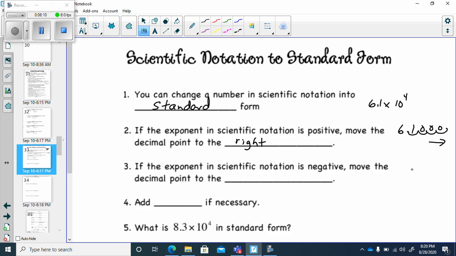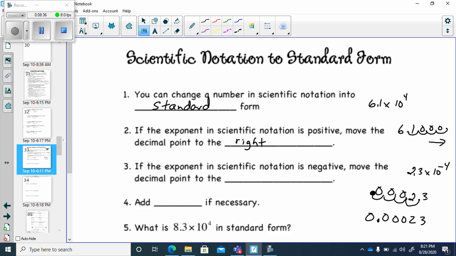Well, let's see. If I had 2.3 times 10 to the negative 4th, that means I need this 2.3 to be smaller than it currently is. Smaller than 1, so I'd move it 1, 2, 3, 4 places, right? That's 0.00023.